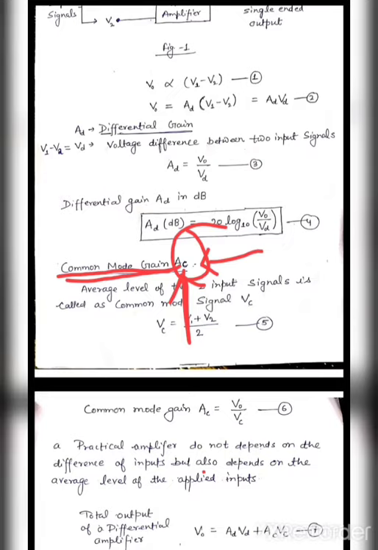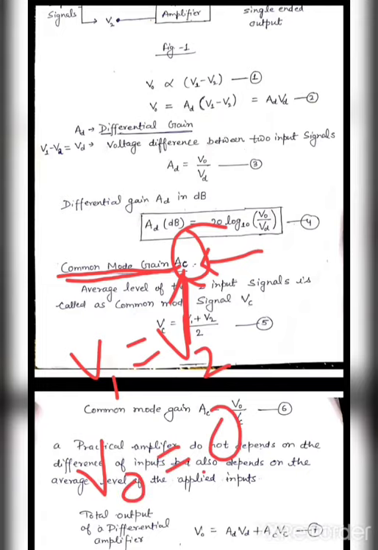Why do we need this parameter for the differential amplifier? If we apply two input voltages V1 and V2 which are equal, V1 equals V2, to the differential amplifier, then ideally the output voltage of the differential amplifier must be 0.